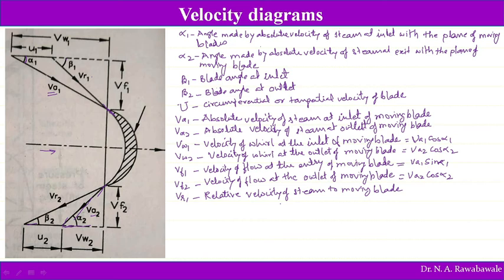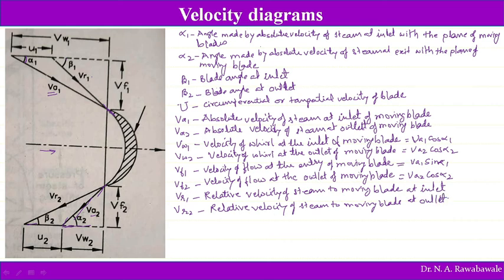So here Vr1 is the relative velocity of steam to the moving blade at the entrance, at inlet. Vr2 is the relative velocity of steam to the moving blade at outlet.